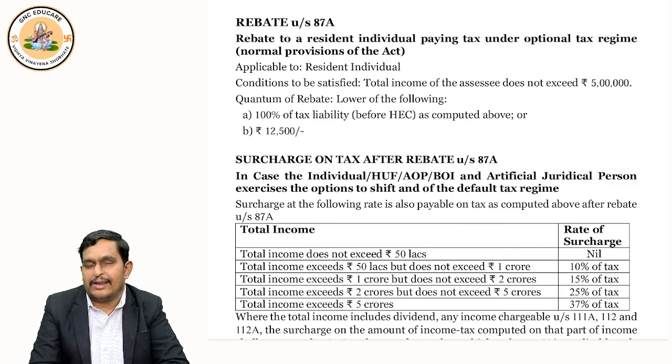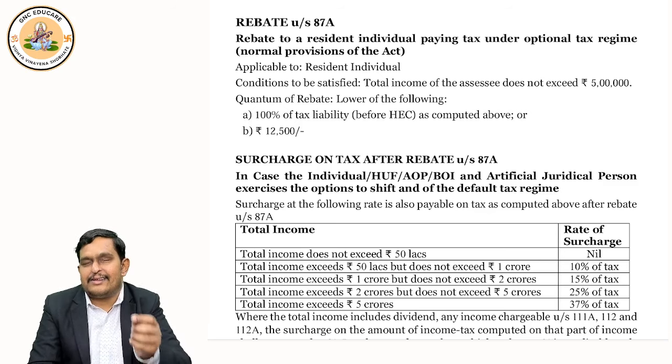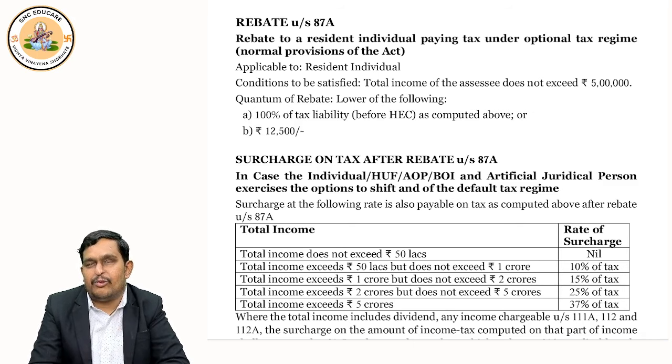You should be a resident individual, that is the primary condition. Your income should not exceed 5 lakhs, secondary condition. And the amount of rebate is tax before cess. What I said? Tax before health and education cess, which I'll tell later on. In simple language, tax calculated as per the tables which we discussed just now.